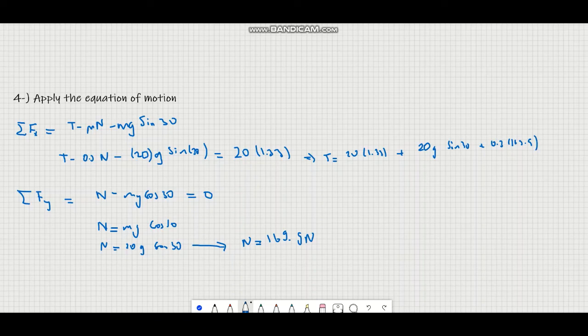That is going to give us the tension. When you calculate it, you will see it is going to be 176. So we found the tension on the rope with the given motion.